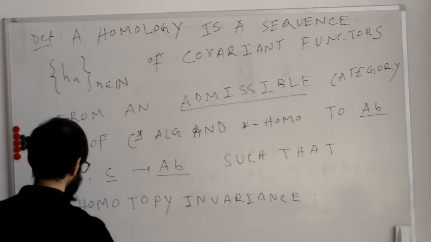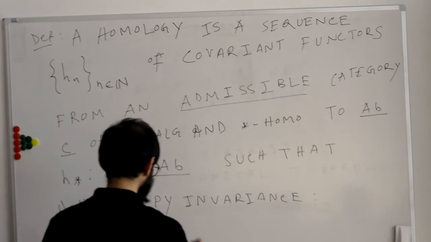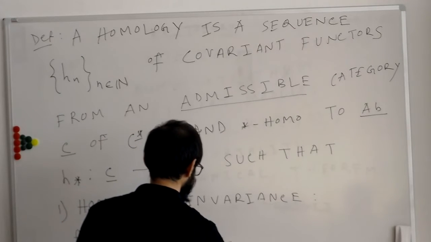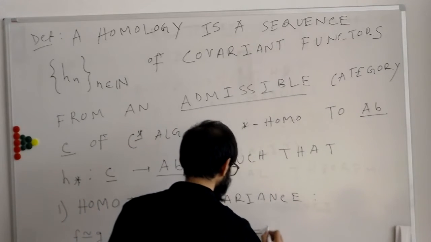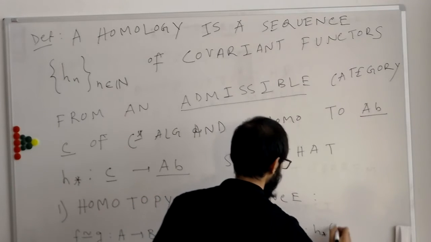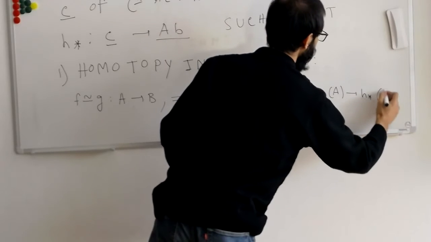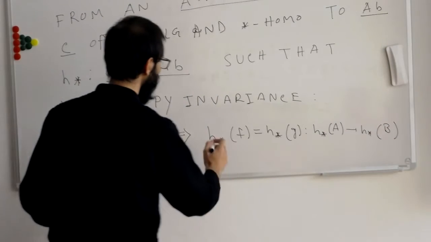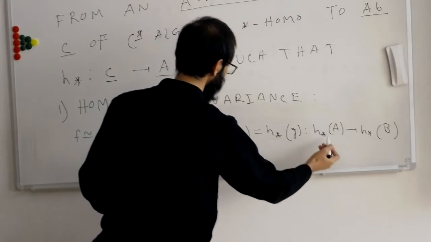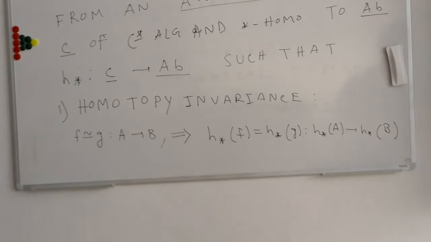So if two star homomorphisms F and G from A to B are homotopic, then star F equals star G, from star A to star B. So these are functors, so applying them on a morphism makes sense. These two morphisms between these abelian groups are equal. This is the homotopy equivalence.